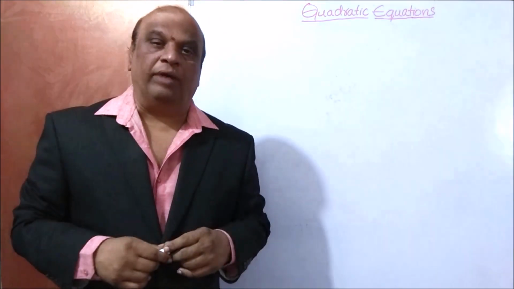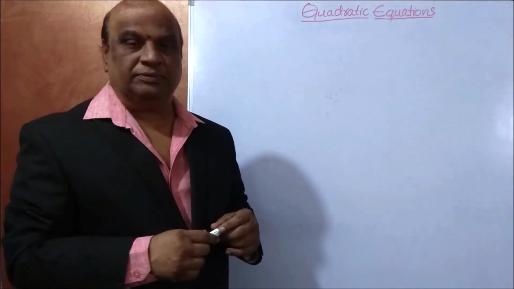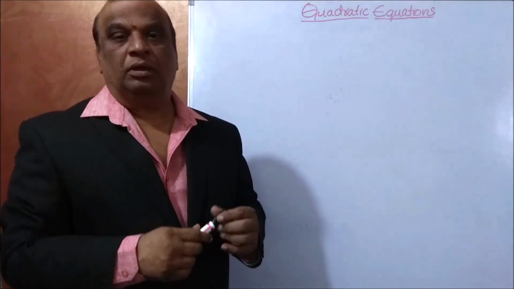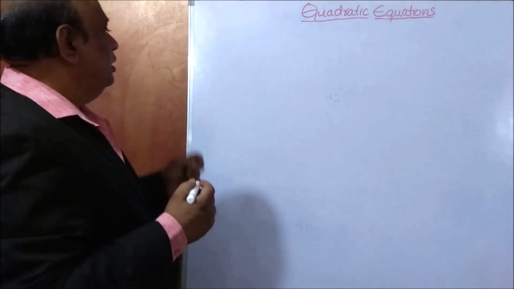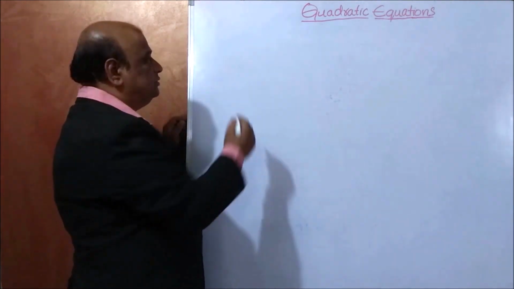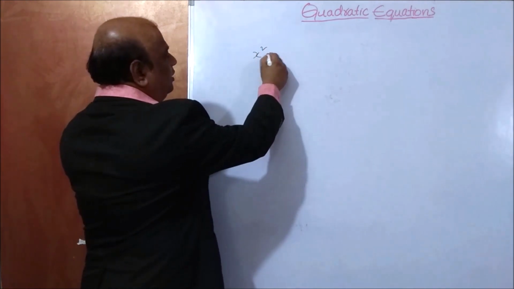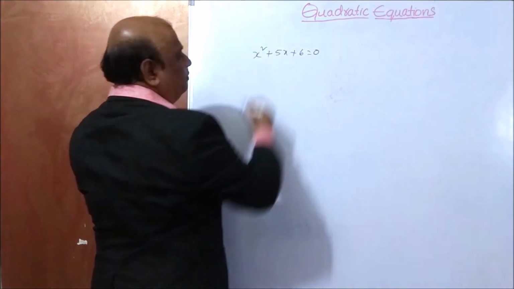In this video, I want to explain one more important topic in quadratic equations. This is very interesting and important also. What is that topic? Here I will give you examples. You observe carefully. x square plus 5x plus 6 is equal to 0.